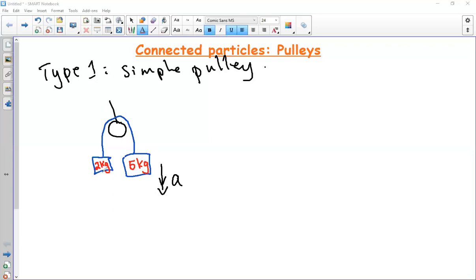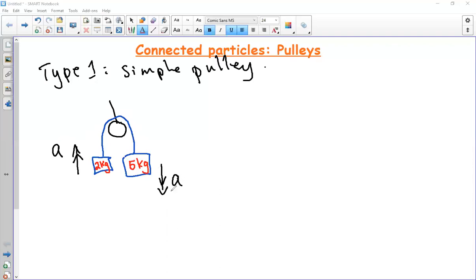Okay, and what would happen to this box, which is only 2 kilograms? Well, this box will get pulled upwards. That's because those two boxes are connected by the same string, and because it's a light inextensible string, this box on the left hand side will get pulled upwards with the same magnitude of acceleration.